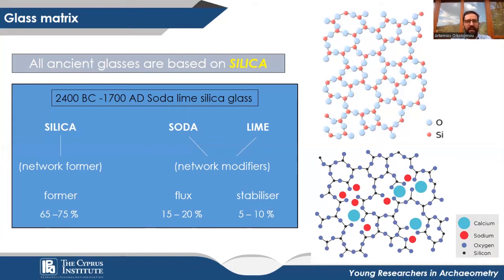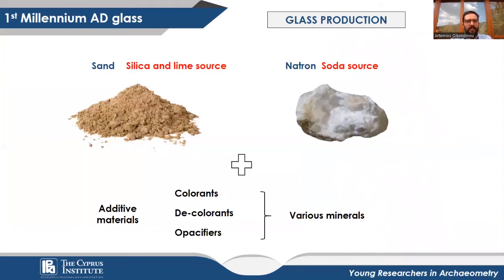But where can we find these components in nature? During this period, sand is the main silica source. Sand is a multi-component material, and apart from high amounts of silicon dioxide, it also contains lime in the form of crushed shells.